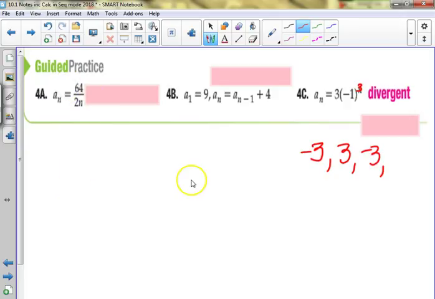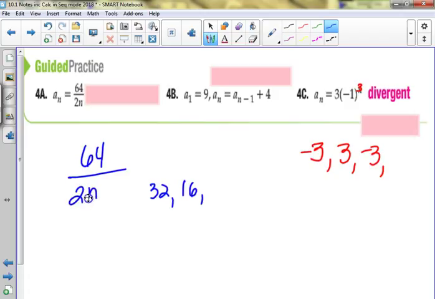Okay, what about this one? 64 is being divided by 2 and some number n. So the first term, if I put a 1 in there, what would I get? If I put a 2 in there, 64 divided by 4 would be, if I put a 3 in here, 64 divided by 6.